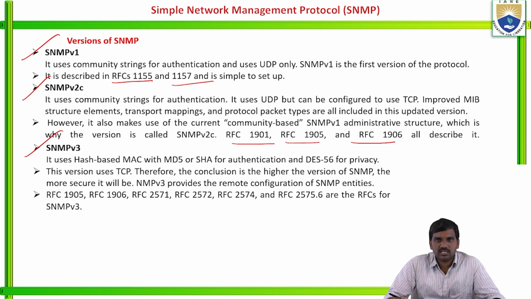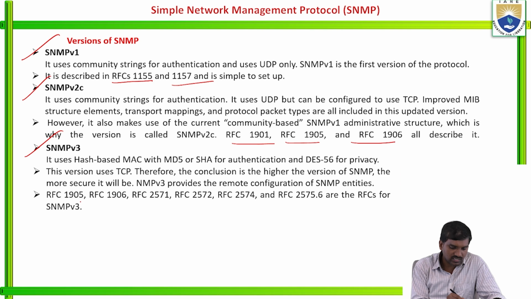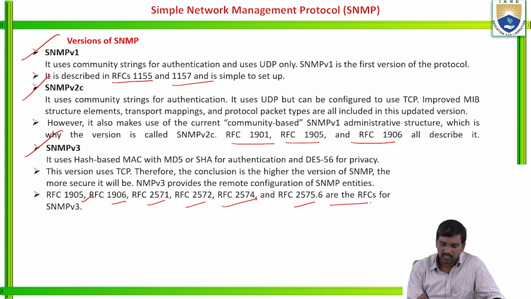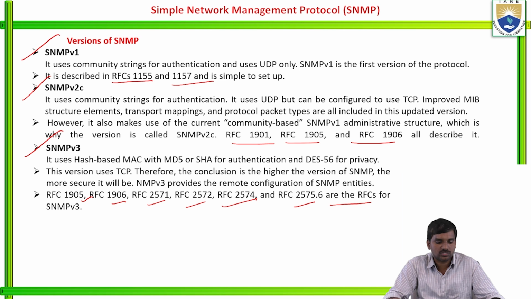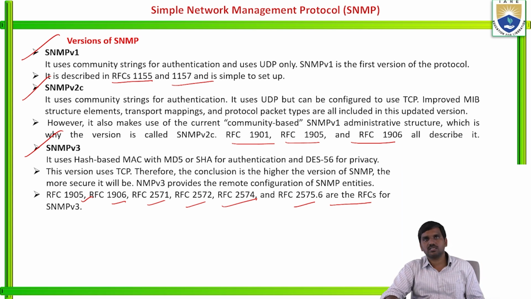And SNMPv3 has RFC 1905, RFC 1906, RFC 2571, RFC 2572, 2574, 2575 and 2576 as the RFCs for the SNMPv3 versions. So these are the different versions under different protocols: SNMPv1, SNMPv2, SNMPv3.